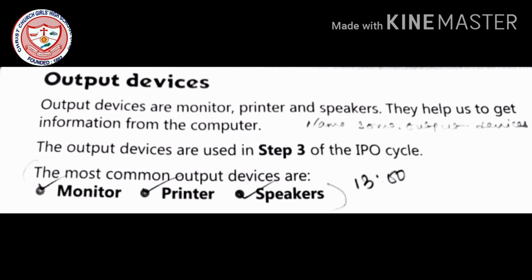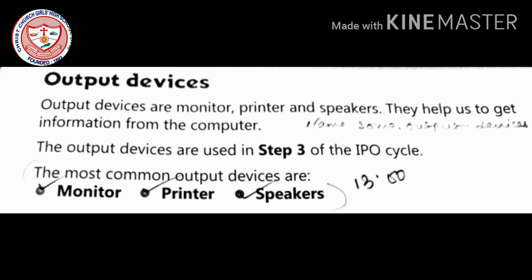The output devices are used in step 3 of the IPO cycle. So step 1 is input devices, step 3 is output devices.